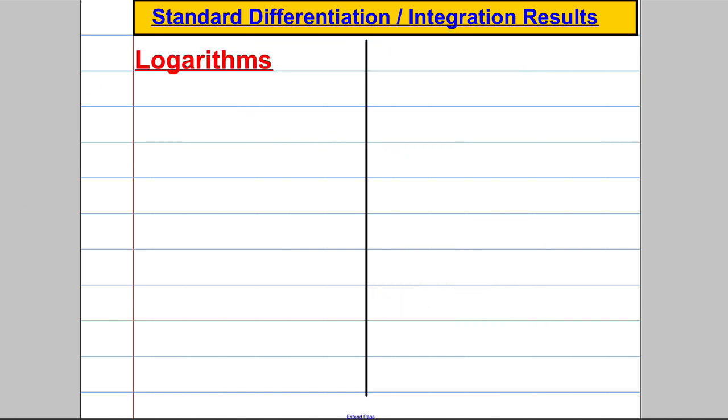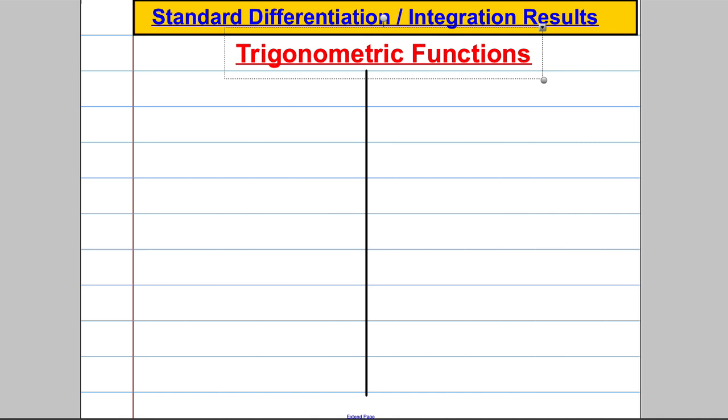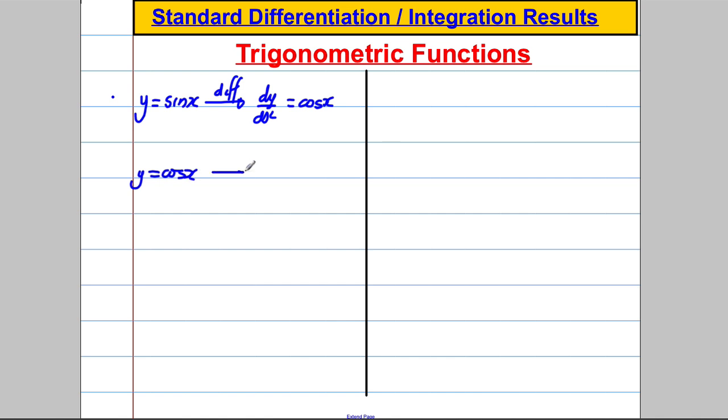And lastly, I want to finish off with the trigonometric functions. So here are the results we had from differentiation. If y is equal to sine x and we differentiate, we got dy by dx was equal to cosine x. When we had y was equal to cosine x and we differentiated, we got that dy by dx was equal to negative sine x.